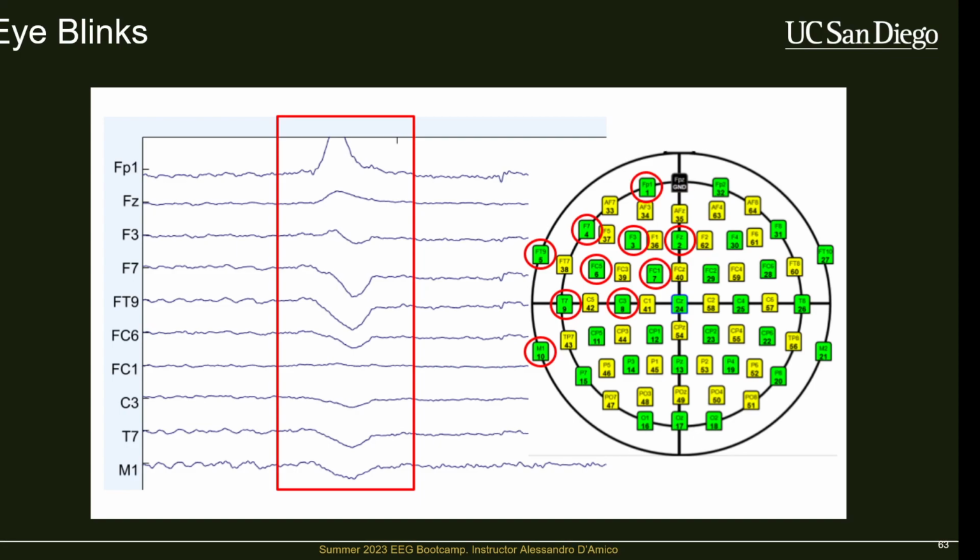So the reason why artifact detection and correction is so important is because it's important in general, but especially in these cases where there's a systematic difference between two of your classes, you might accidentally make false positive results off of something that's not actually brain activity. So you might say, wow, whenever I see mutilated corpses, I get this massive peak at FP1.